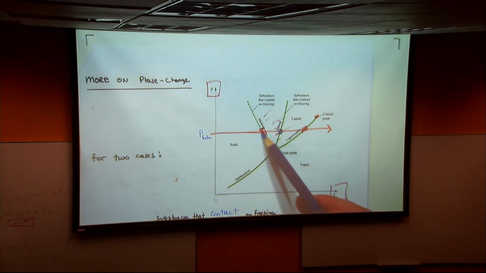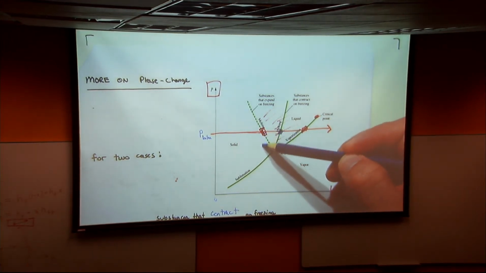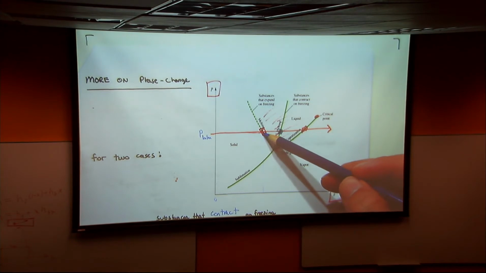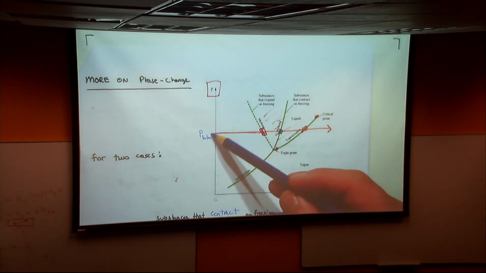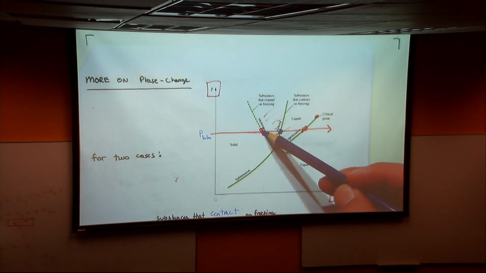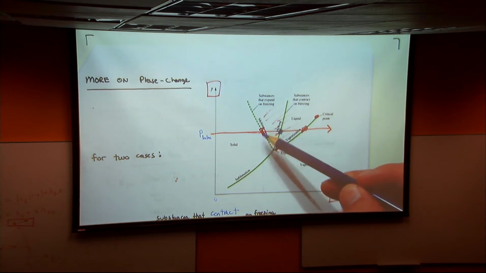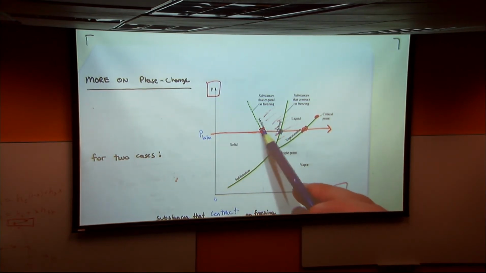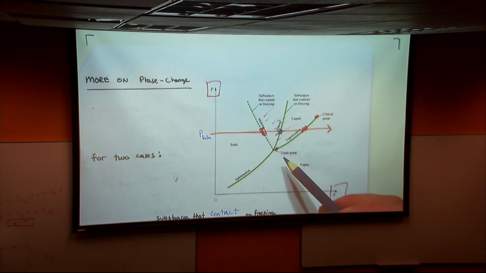And then at some point, right here, we'll say water, just for the sake of convenience, because I'm at this pressure, I am going to make a phase transformation from solid to liquid.